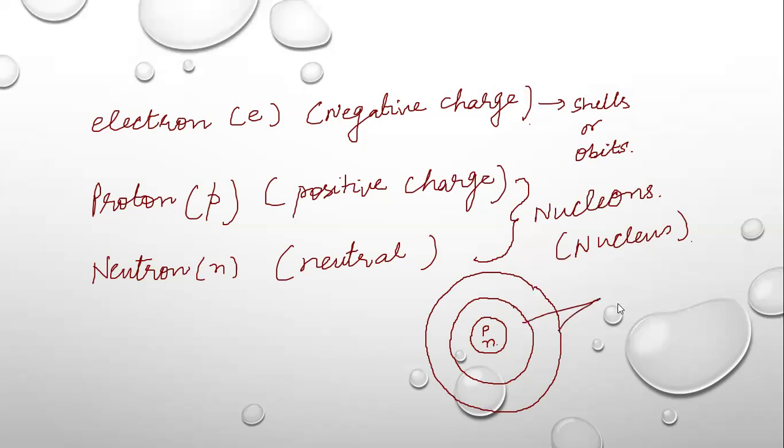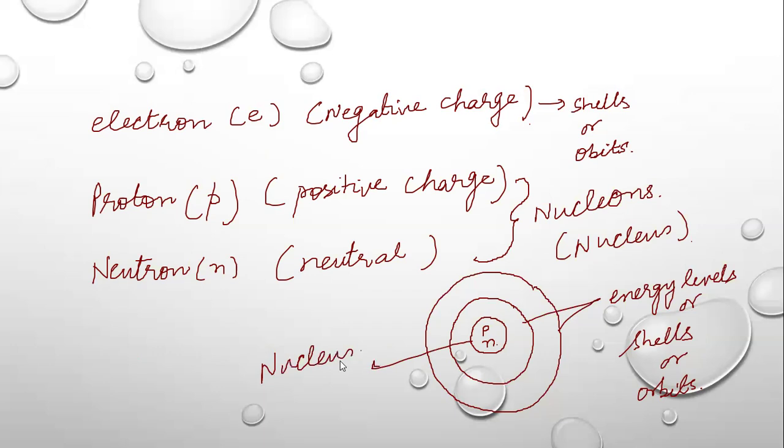They are also known as the energy levels, or we call them shells, or we call them orbits. So electrons are distributed in these shells, and the protons and the neutrons are enclosed inside the nucleus.